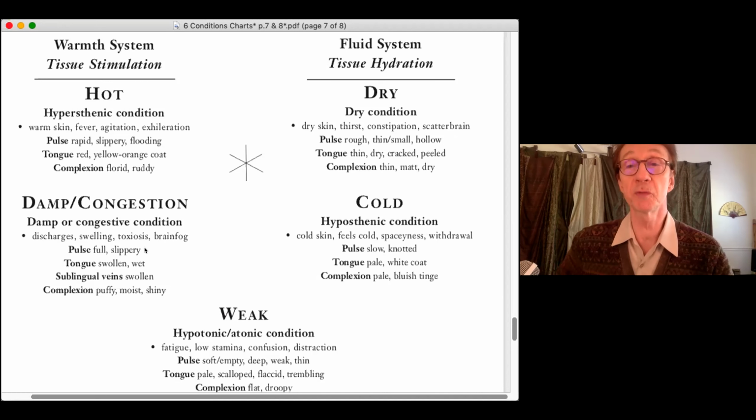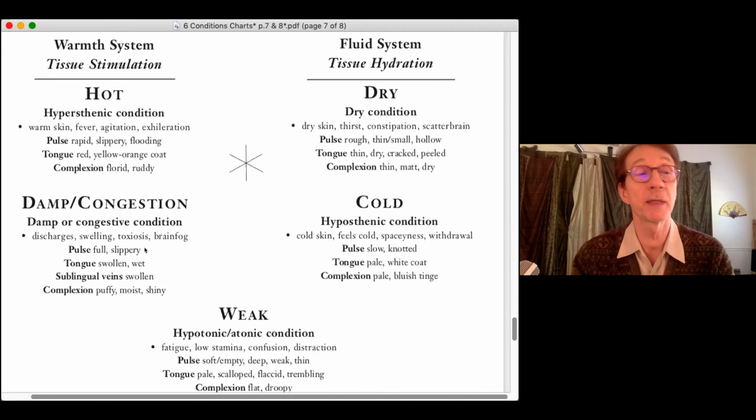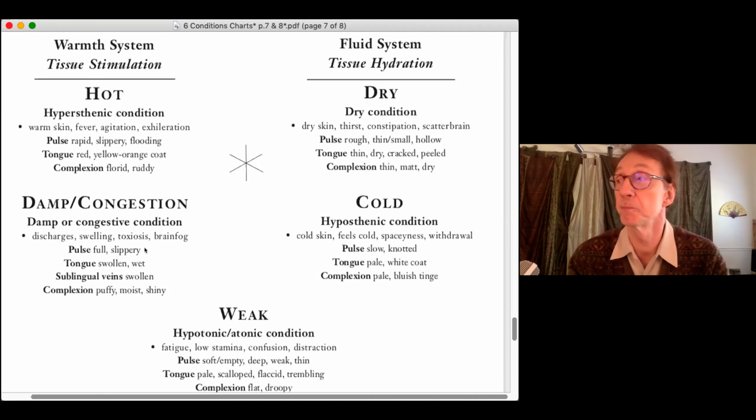Congestion also involves the liver, the portal vein. When it involves fluids in general, it can cause edema of different types. If it affects the lymphatic circulation, it causes swollen lymph glands, and so on, right?